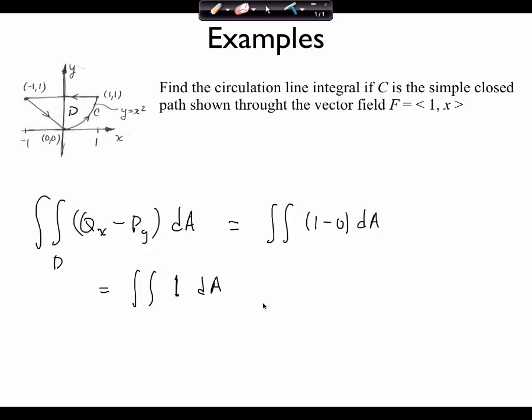Type 2. We're going to do type 2. So x is going to go from what? Negative y to square root of y, right? As y goes from 0 to 1.